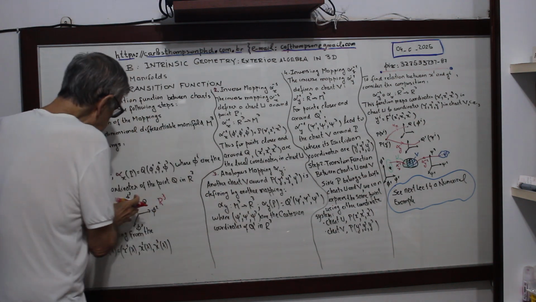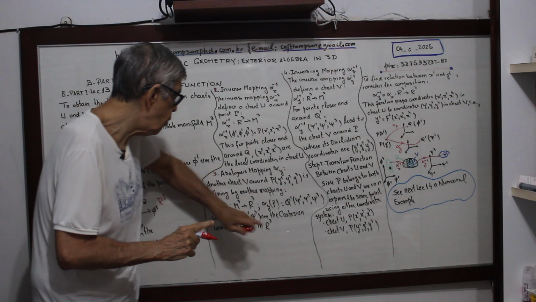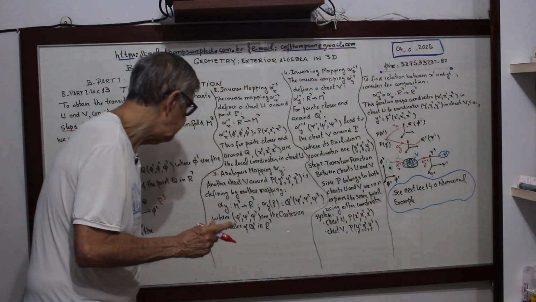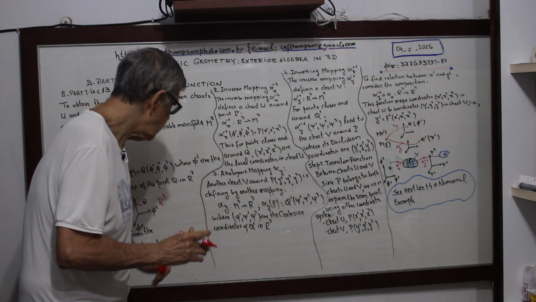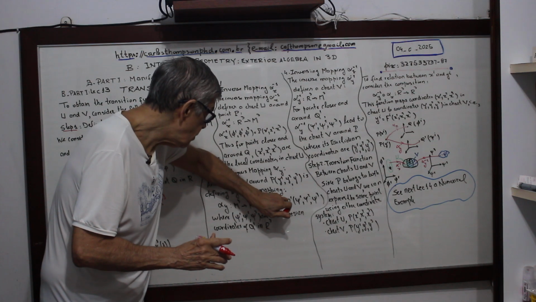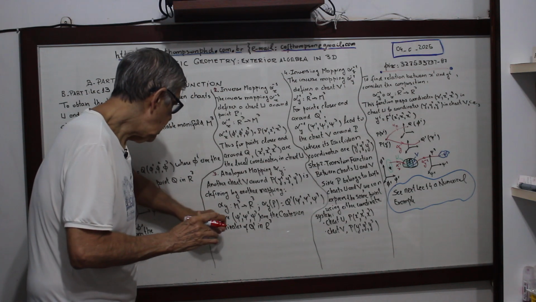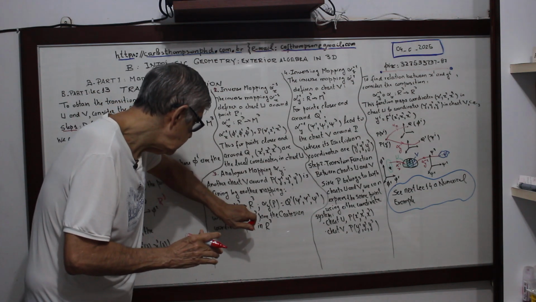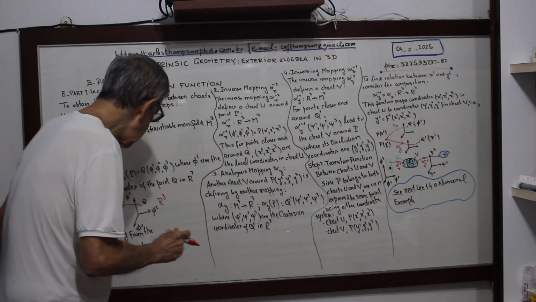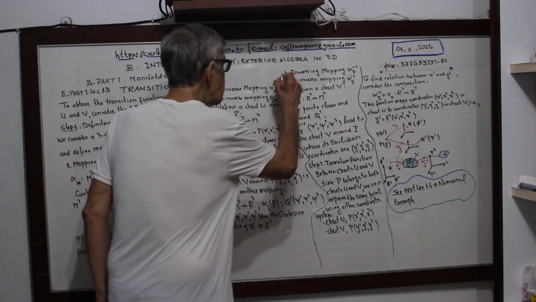So I bring back from here to here, but this will not be a point Q, it will be a point Q prime, whose coordinates are C1, C2, and C3. Exactly what I did here. So alpha y maps M3 to R3, and this is another point Q prime, not Q, where C1, C2, and C3 are the Cartesian coordinates of Q prime in R3. I create another point over here. That's number 4.